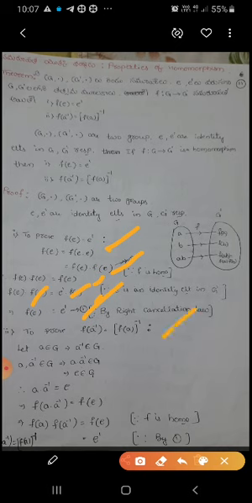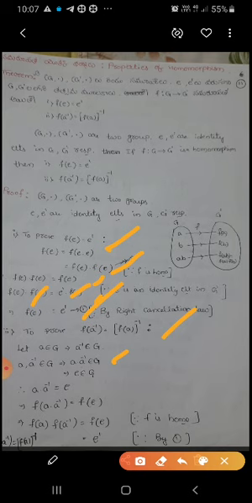Next, the second one: to prove f(a^-1) = (f(a))^-1. Let a belong to G; this implies a^-1 belongs to G by the inverse property. Next, a, a^-1 belong to G implies a·a^-1 belongs to G by the closure property.